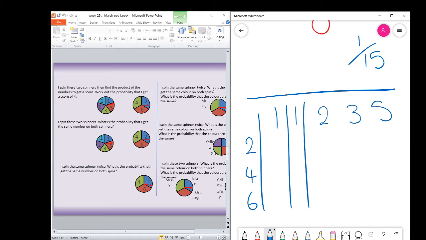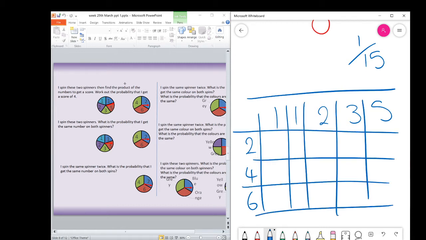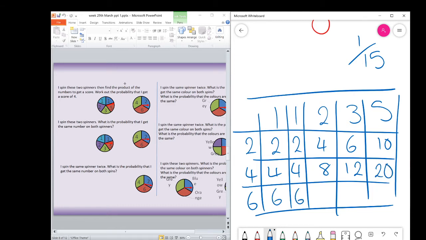This time, I'm not adding, I'm not subtracting, I am multiplying them together. So 2, 2, 4, 6, 10. 4, 4, 8, 12, 20, 6, 6, 12, 18, 30.